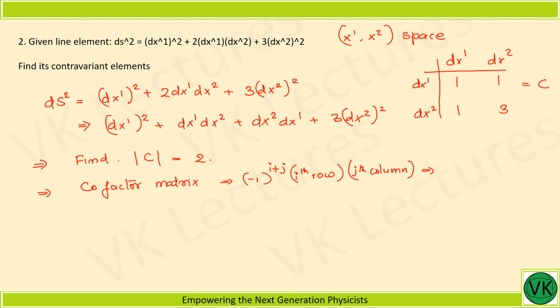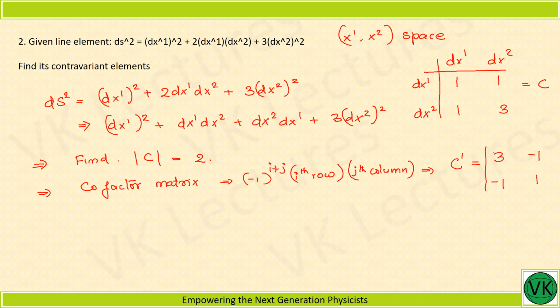So the cofactor matrix, we will write it as C dash, is 3, then minus 1, minus 1, and 1.